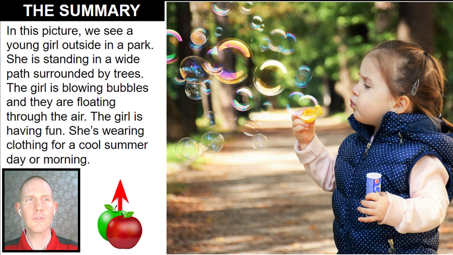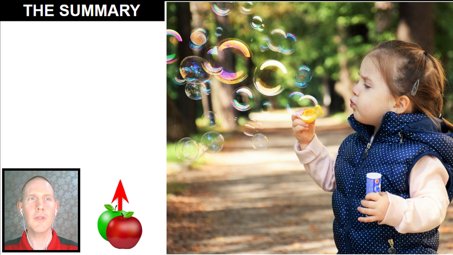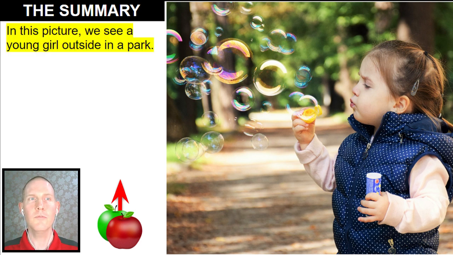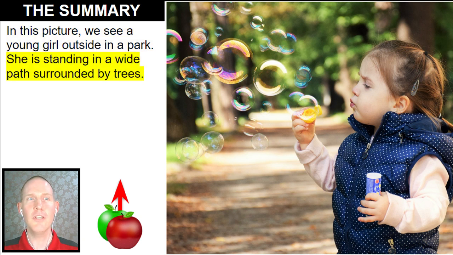I think this is a great opportunity to do some pronunciation, so repeat after me. Here we go. In this picture, we see a young girl outside in a park. She is standing in a wide path surrounded by trees.